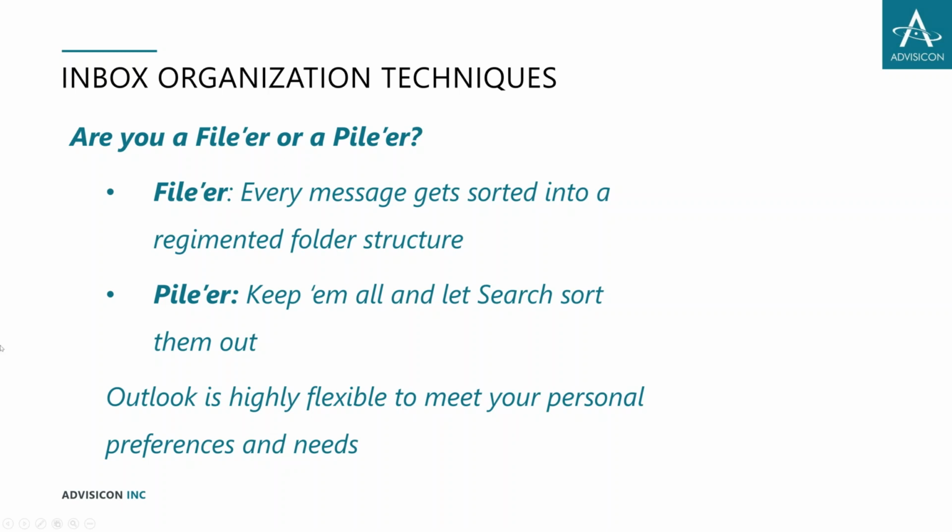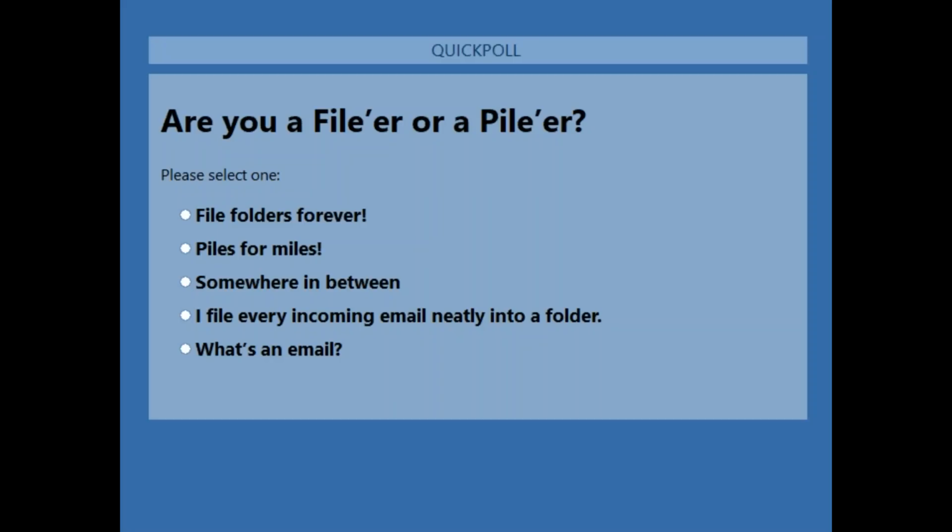So I'm going to open this up to a quick poll here. I'd like to find out from the folks who are here, where do you classify yourself? Are you a filer or a piler? We'll take a moment here and see. We've got some answers coming in. Looks like so far most folks are somewhere in between.